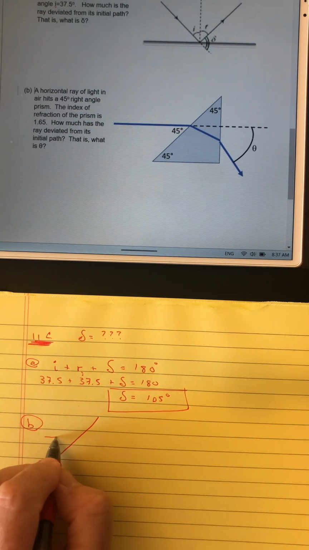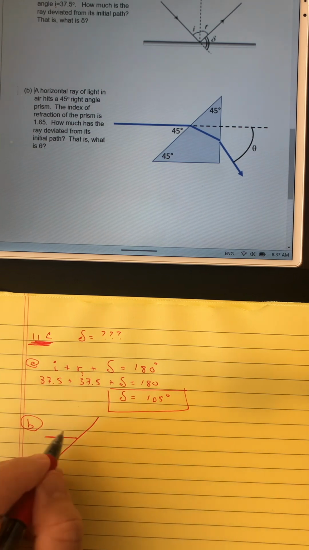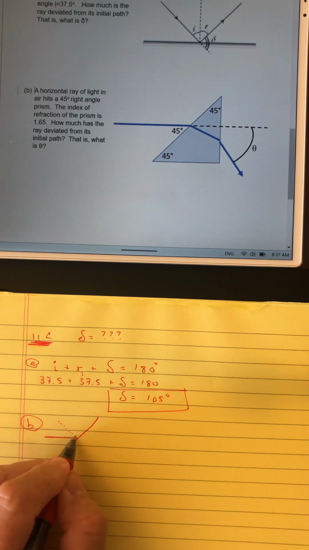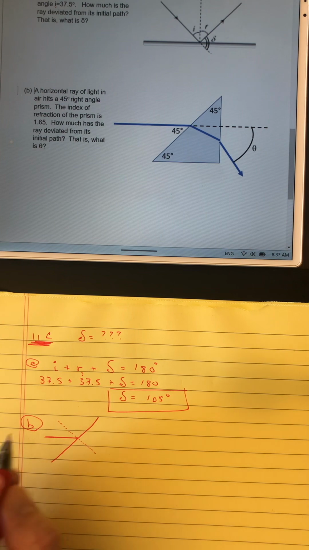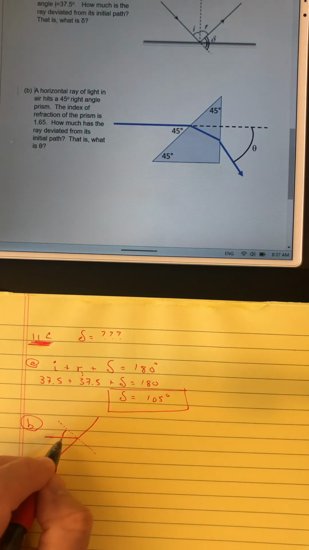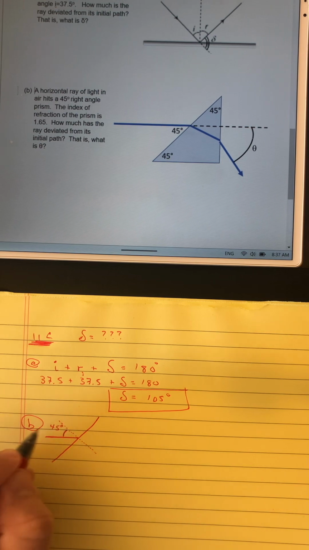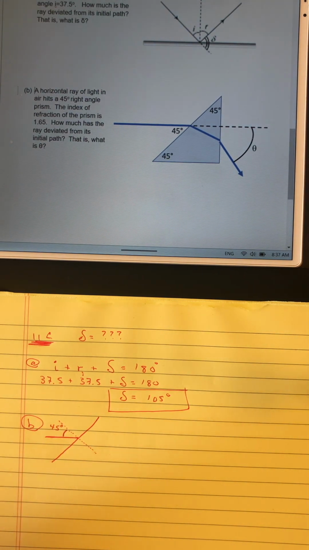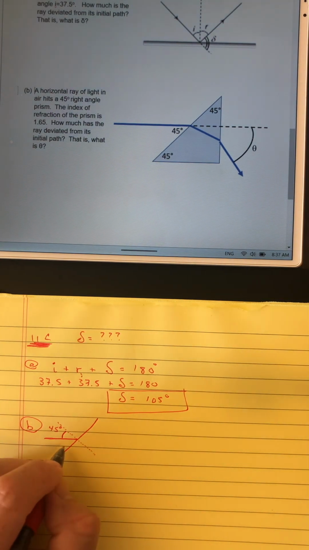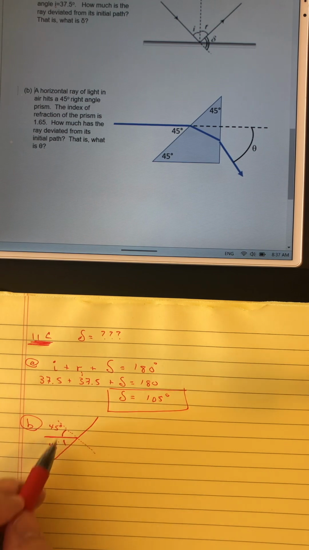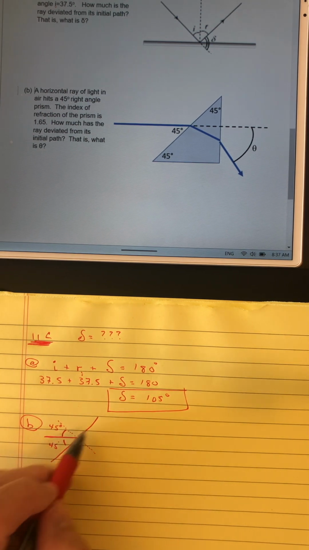As it enters the glass, I need to draw a normal because I need this angle here, which is 45 degrees. That's the incident angle. And hopefully you see that because the picture shows this as 45 degrees and a normal is at a right angle to the surface.